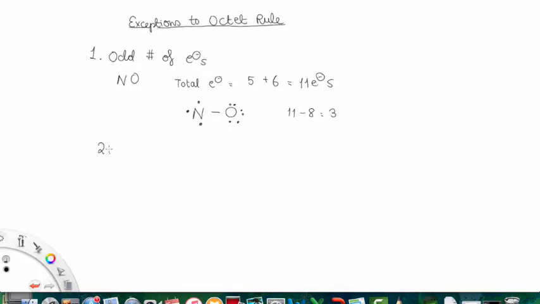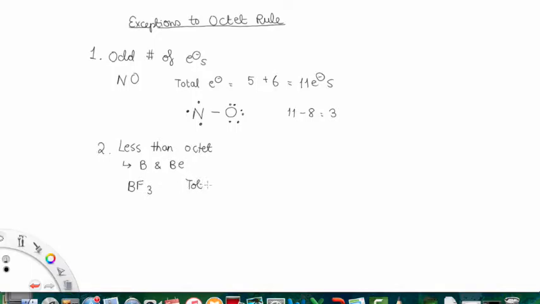Now the second scenario, let's talk about when the central atom has less than an octet. This is most often encountered with elements such as boron and beryllium. So let's note that down too, boron and beryllium. As an example, let's do the structure BF3.